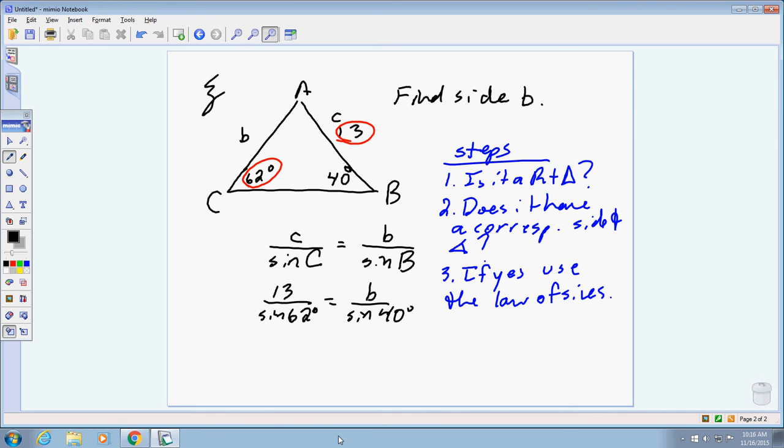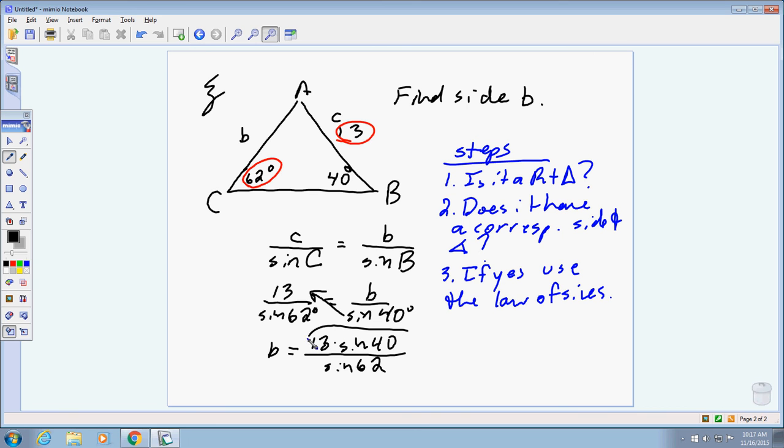Yeah, so can somebody tell me what we got to do with the sine 40? Yeah, cross multiply or multiply the sine 40 up. Let's just take this sine 40 and get rid of it by multiplying it up, just like we did with our trig ratios. So now when I write this, I'm going to have b equals 13 times the sine of 40 over the sine of 62.